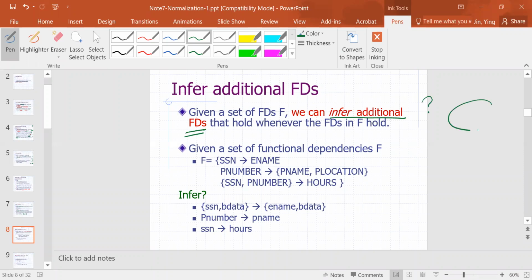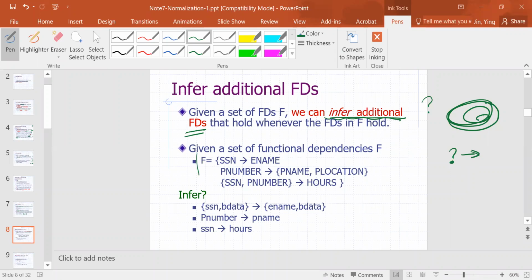If I have a set of functional dependencies and I have another functional dependency, I want to know, can I infer it from the existing ones? This comes from requirements, for example. Or should I always go back to the requirements, redo everything, and see if this one can be covered or not? The answer is that we can do inference.